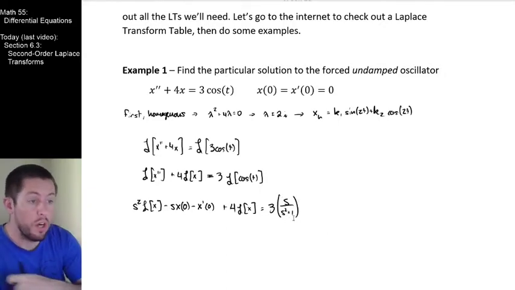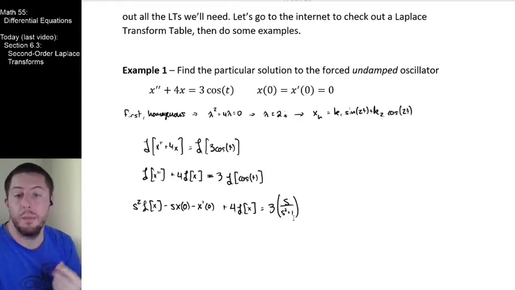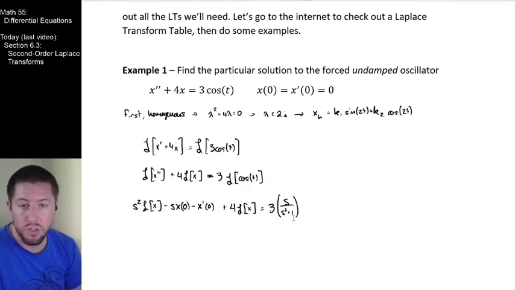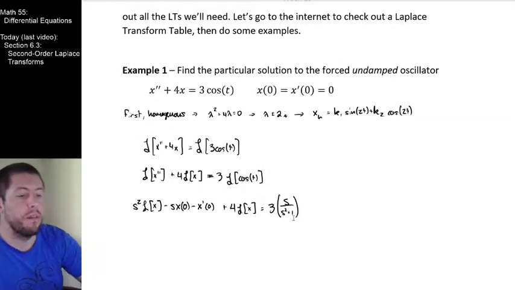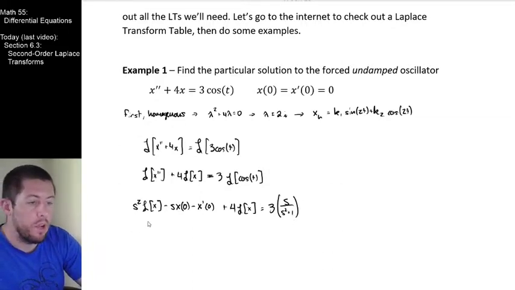All right, so we've done step 1. We've applied the Laplace transform to both sides of the differential equation. Step 2, use algebra instead of calculus to solve for the Laplace transform of x. How much Laplace of x do we have? I've got s squared of it here, and I've got 4 of it here.